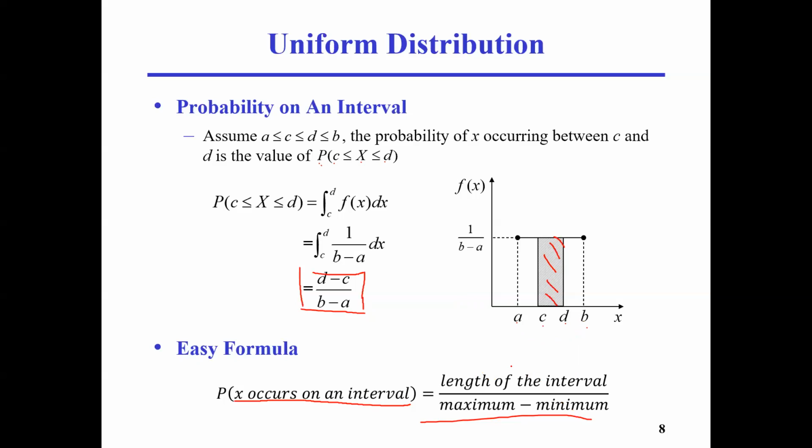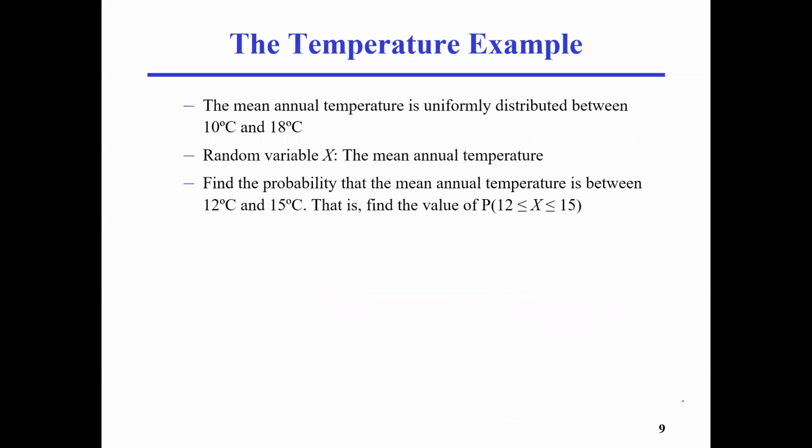The numerator is simply the length of the interval, which for this specific example is the difference between D and C. So numerator, D minus C. Denominator, B minus A. Then you have it. It's just that simple. This is for the uniform distribution.